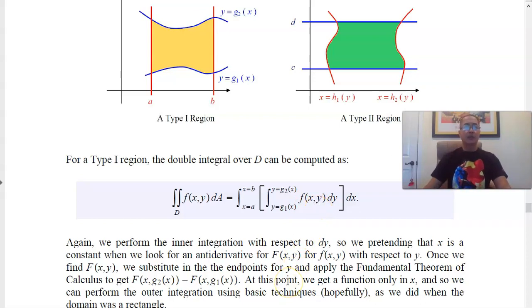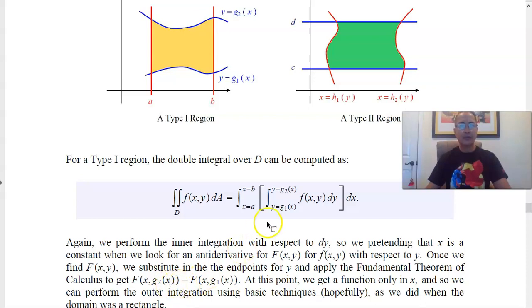So in the last video, in this antiderivative, we plugged in d first, and then c, and then subtracted the value at c from the value at d. That made y completely disappear, and so only x remains.